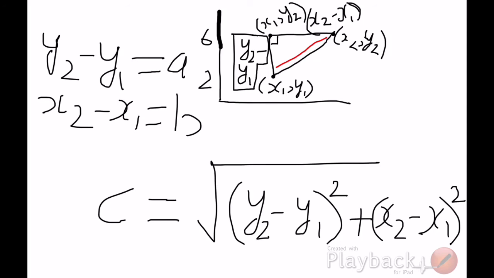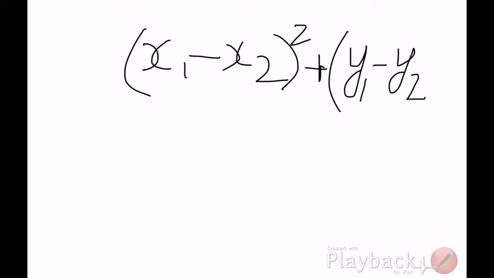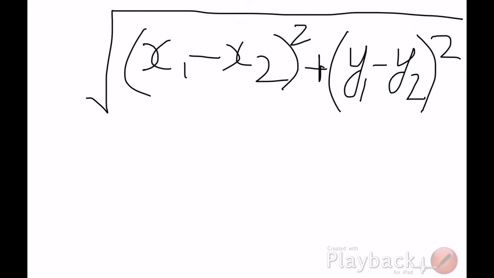There is one more thing. This can also be written as x1 minus x2 whole square plus y1 minus y2 whole square, because, as you know, when you square any number it becomes positive.